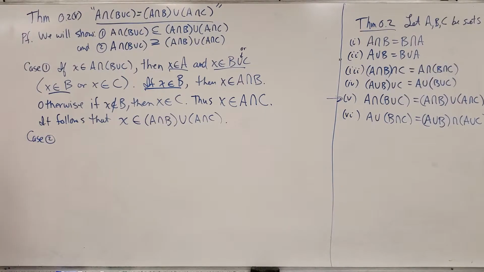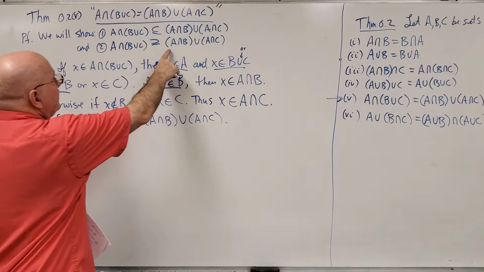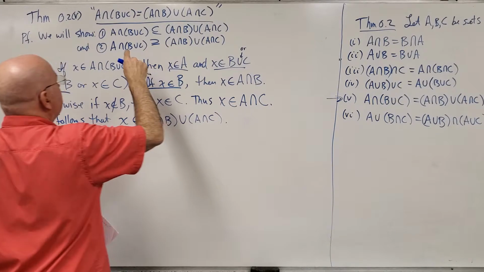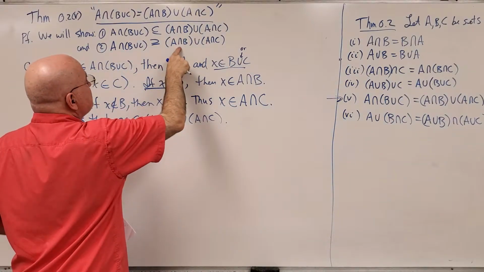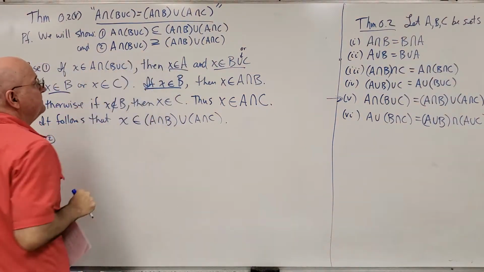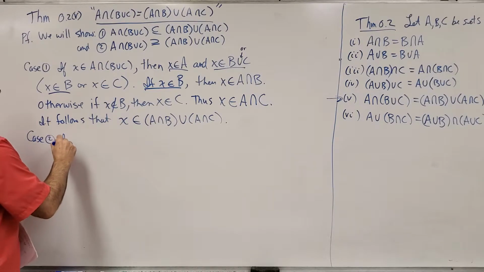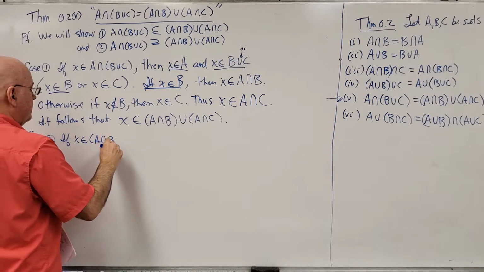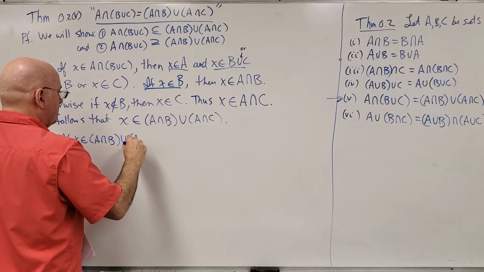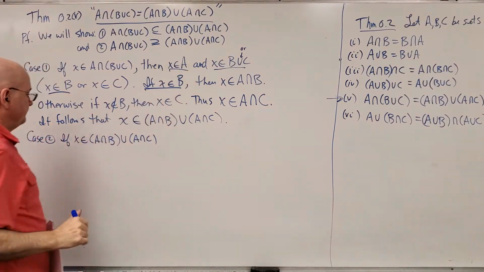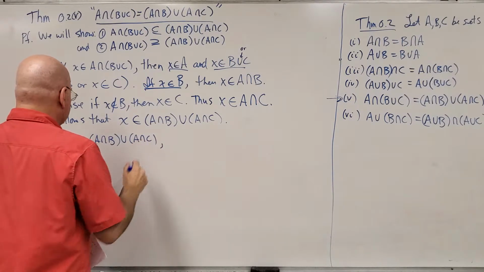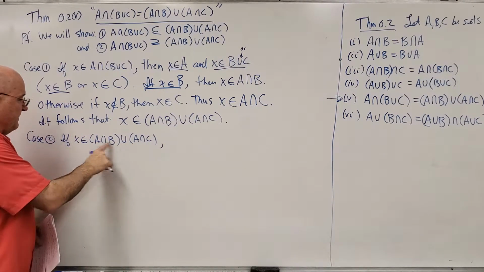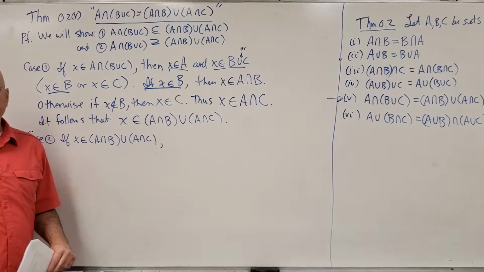Now let's go to case number 2. For case 2, we're going to assume that X is in this to prove that it's in that. If X is an element of that, then X is, remember this is an or, that means X is either in this or it's in that.